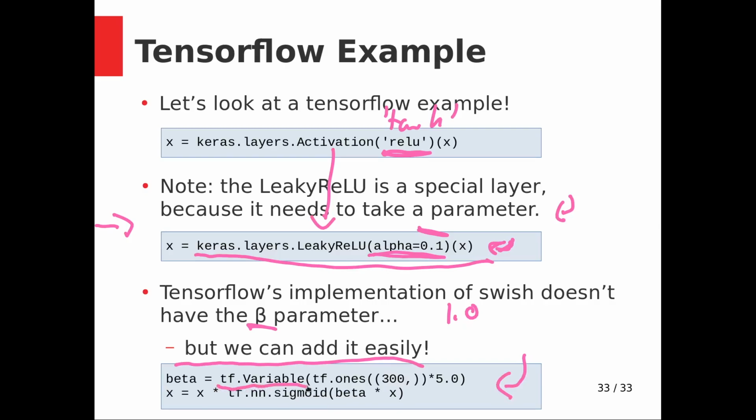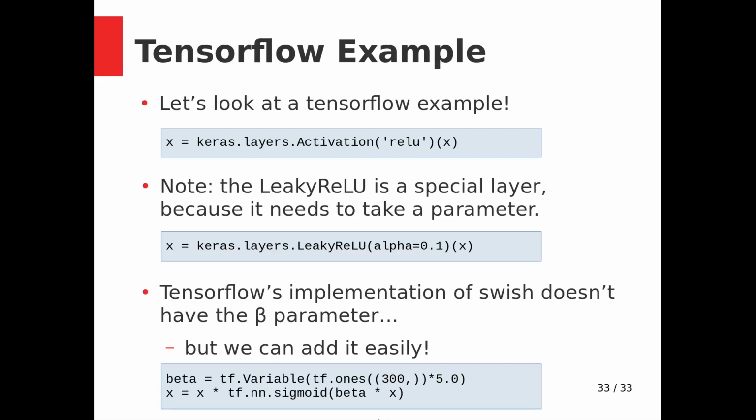I can just declare it as a tf.variable, and then I can just write that, where that is swish, right? Swish was x times sigma, which is sigmoid of beta x. That was the forward pass. Using the functional style, we can just write that real easy. So now we have a tunable beta.